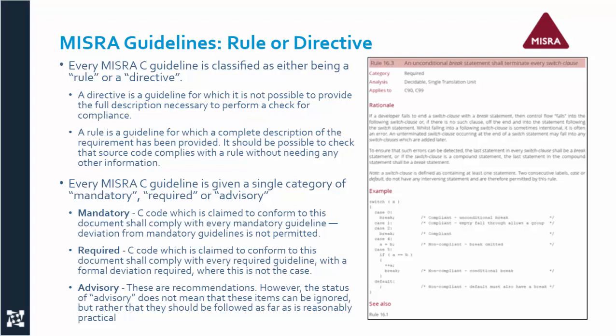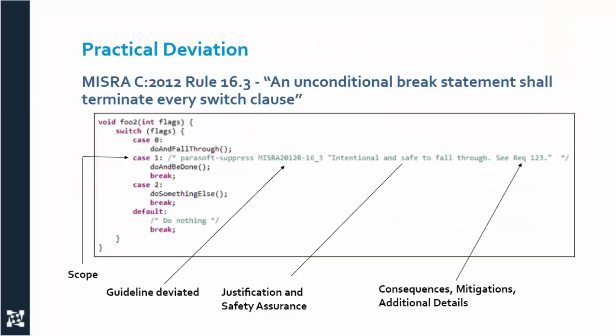So let's quickly talk about the deviations. The standard states that a deviation, which is an exception to the rule, can be defined and applied. So yes, MISRA does provide a suggestion how to capture these. And so you can provide the scope, location of where the deviations apply, provide a justification, including safety assurance for the deviation, and also provide the consequences and mitigations that have been taken into consideration.